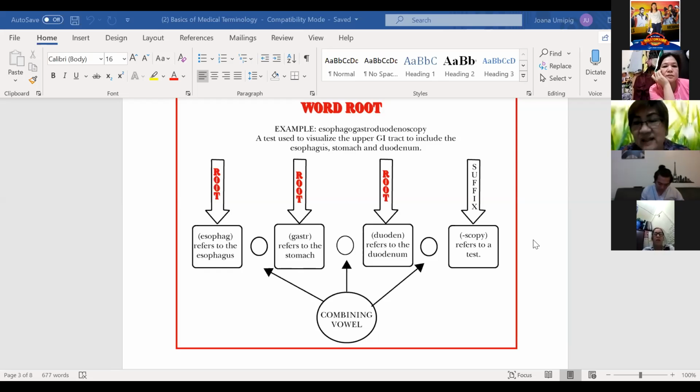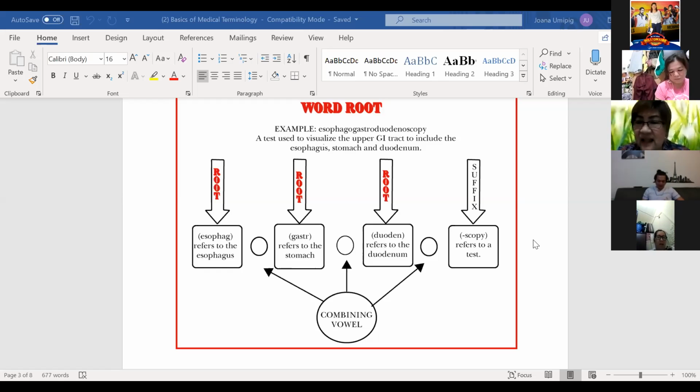Right? So it's simple, right? It became simple because we know how to form a medical term. So this is how we form a medical term. It's not about how we memorize, because it is impossible. You memorize this and your brain is going to explode.